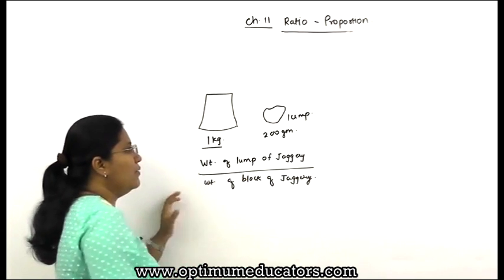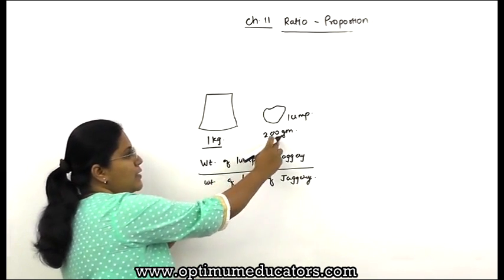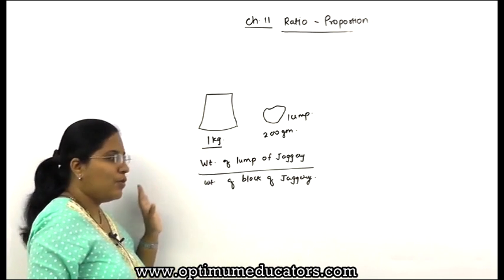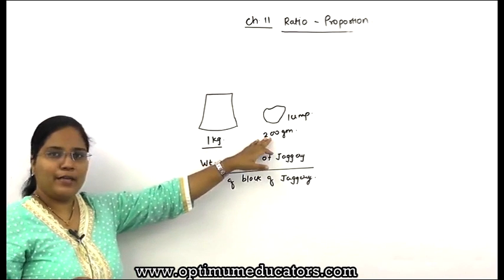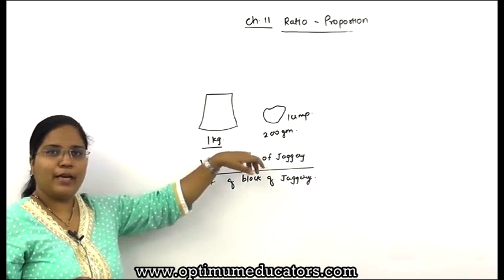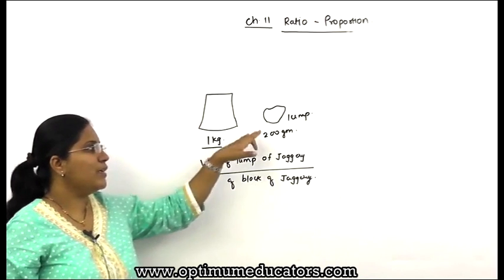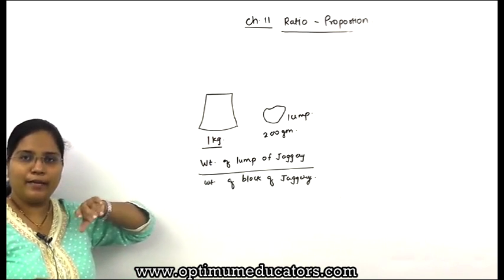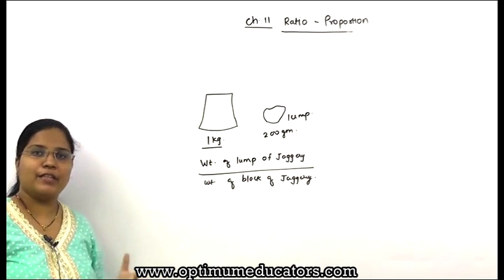Now clearly we can see that this is in grams and this is in kilograms. So unless and until I bring the 2 quantities into the same unit, I cannot really find out the ratio. दो चीज़ें, जिनके यूनिट 2 अलग अलग हैं, एक किलोग्राम में है, एक ग्राम में है, तो I cannot directly find the ratio.